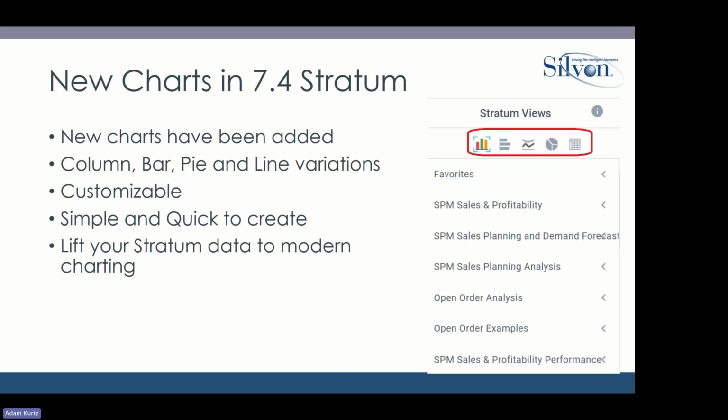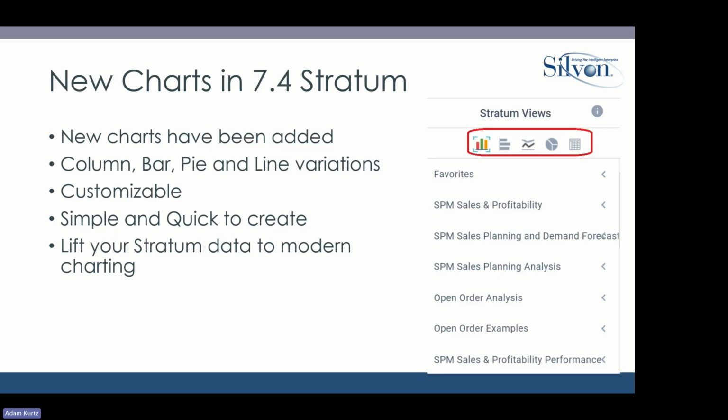As I said, as part of the agenda, we got new charting in as version 7.4. The new charts were added then, where we were able to provide even more powerful and more robust charting capabilities. Clearly, traditional styles like column, bar, pie, and line variations.